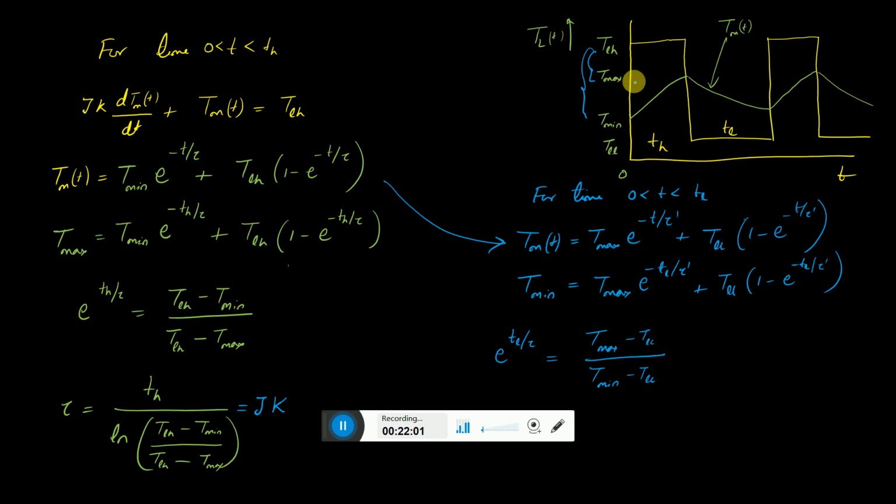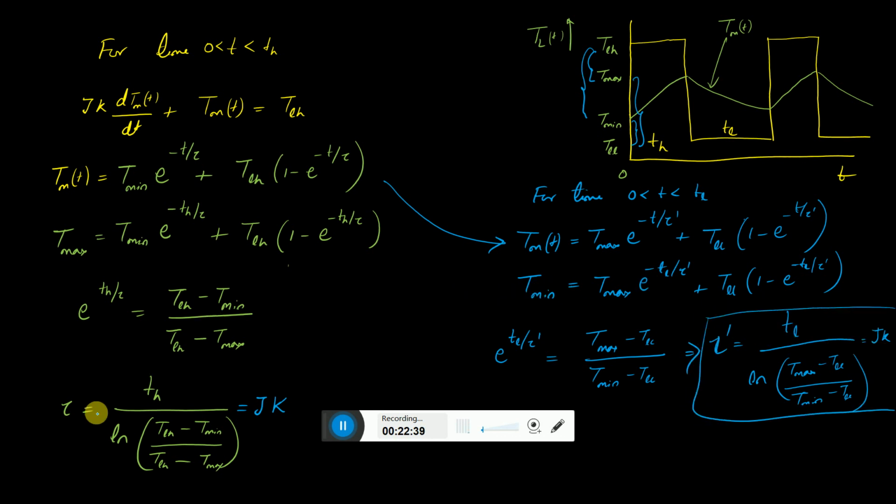T max minus TLL is the higher value. T min minus TLL is the lower value. It's higher to lower value, so we are adding a positive term. So this implies that we can get the value of tau dash is equal to TL by ln of T max minus TLL divided by T minimum minus TLL. This we can get the value of tau, which is nothing but equal to the same J and K, and we can calculate the value of anything that is asked from this equation.